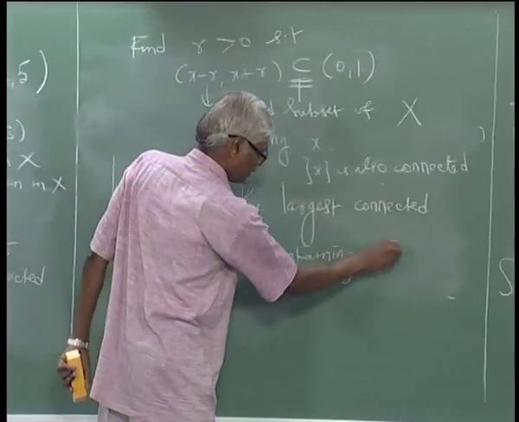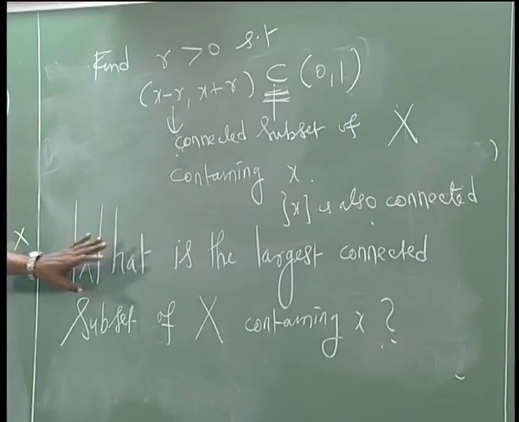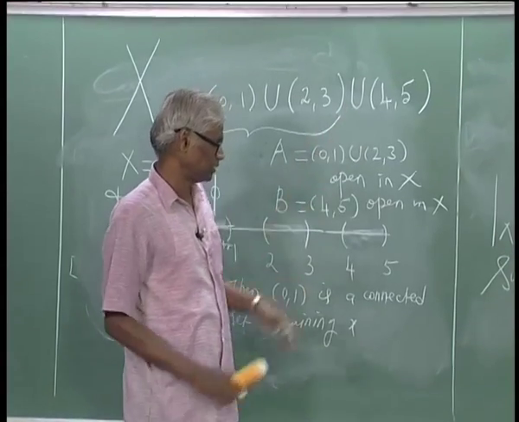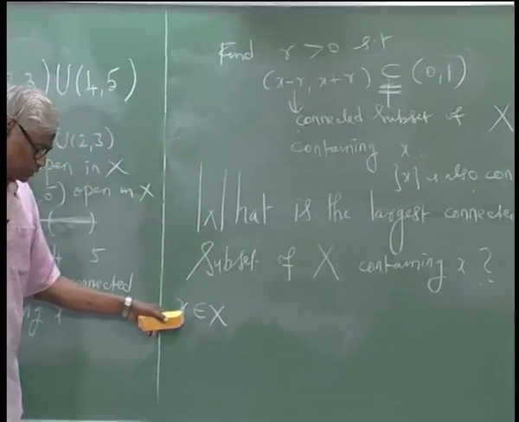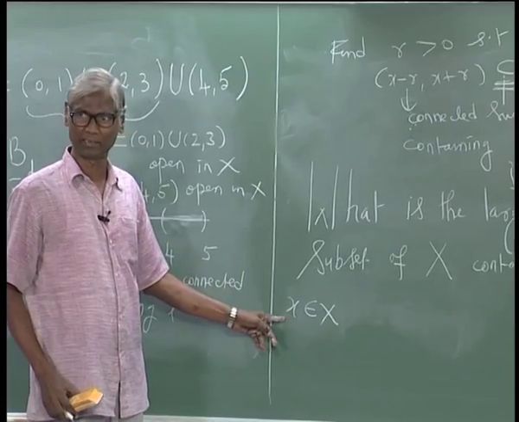The question is, in general, if you are given a topological space X and a point x in X, first, yes, we can always find a connected set containing x, the singleton {x}.